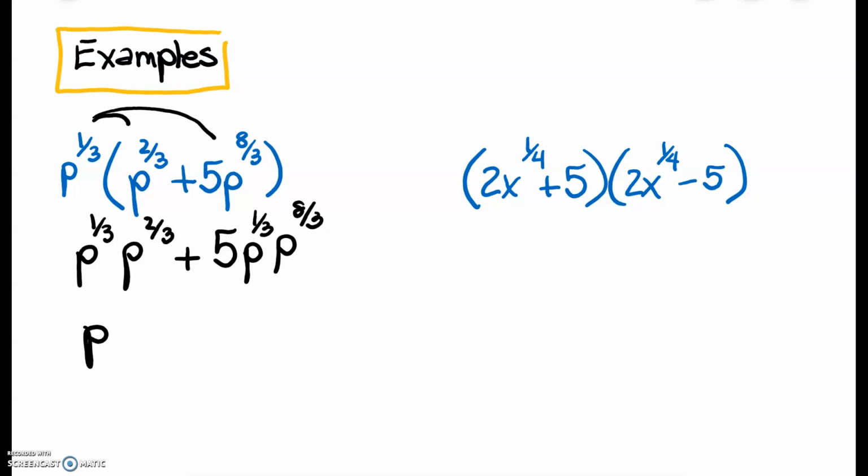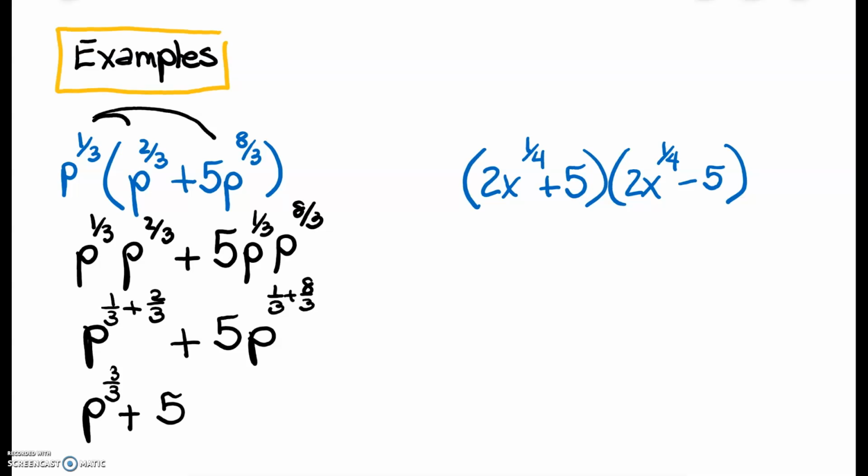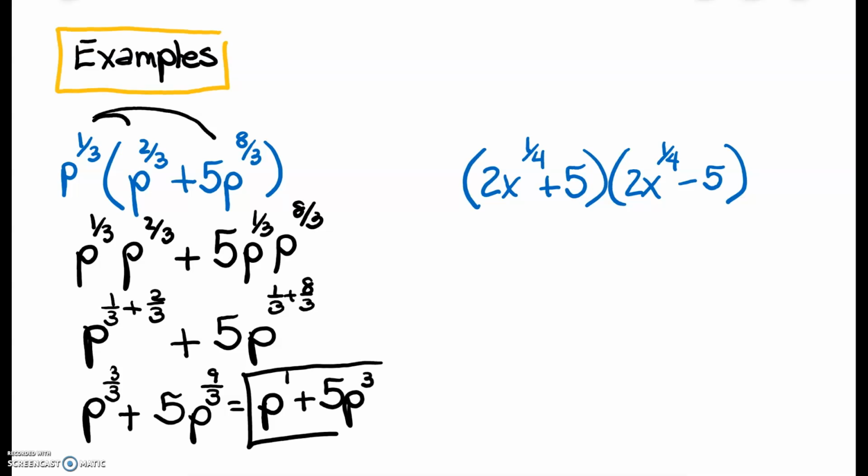So I'm going to add those exponents to simplify. P to the 1/3 plus 2/3 plus 5p to the 1/3 plus 8/3, which gives me p to the 3/3 plus 5p to the 9/3. And I know those fractional exponents reduce. So I get p to the first plus 5p cubed.